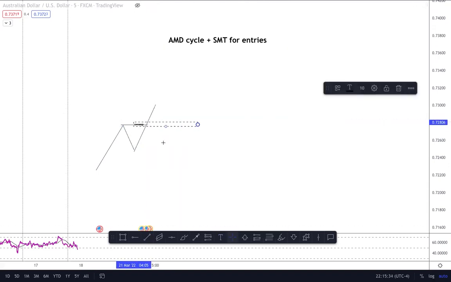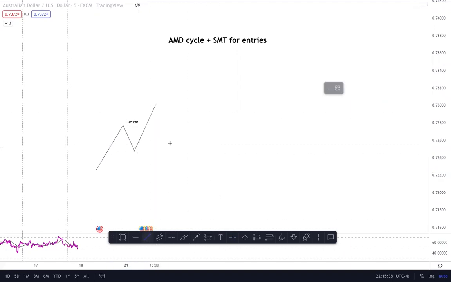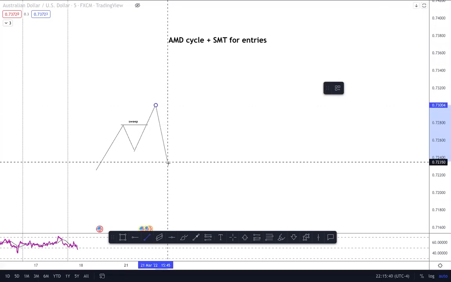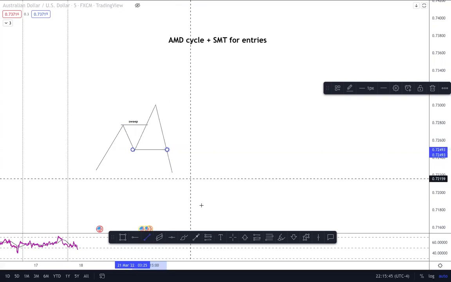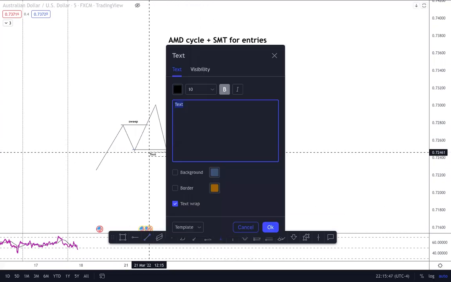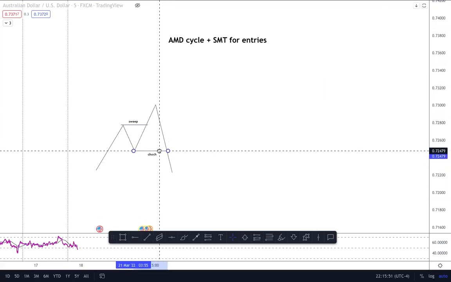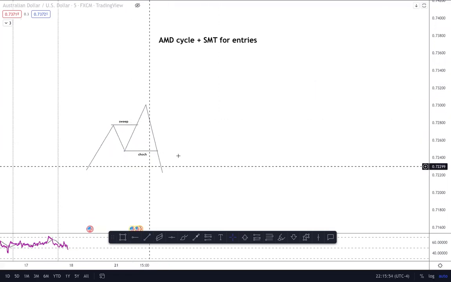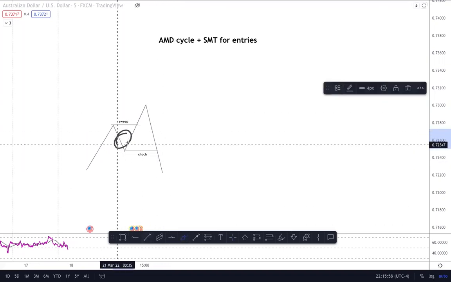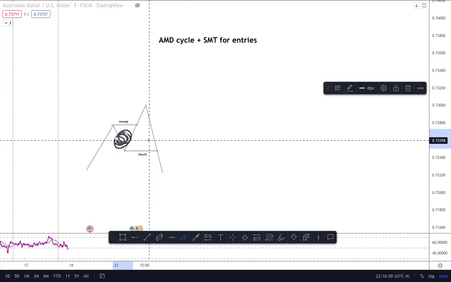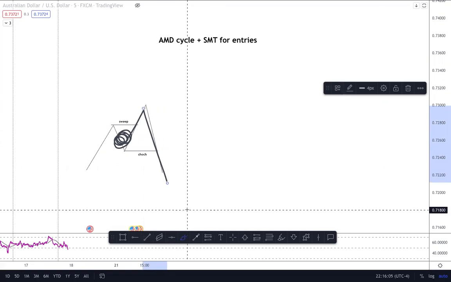Now, after that sweep, we need to see price have some sort of change of character, which would be right here. So this at the bottom here would be your change of character. Now, what does this tell us? What is this replicating? Well, in here, this is our accumulation. This is our manipulation. And then this is our distribution.